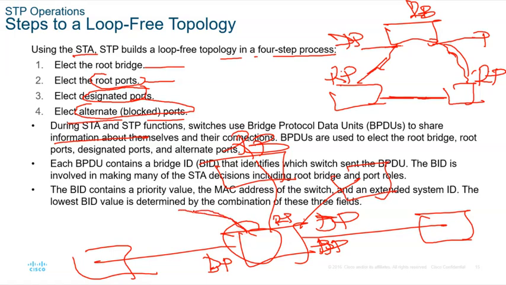If you have another one, then you are likely to have loops on the network, because we need a single root through our entire switched network. If you have 100 switches, we expect one single root. The moment you have a second one, then you are likely to have loops on the network.